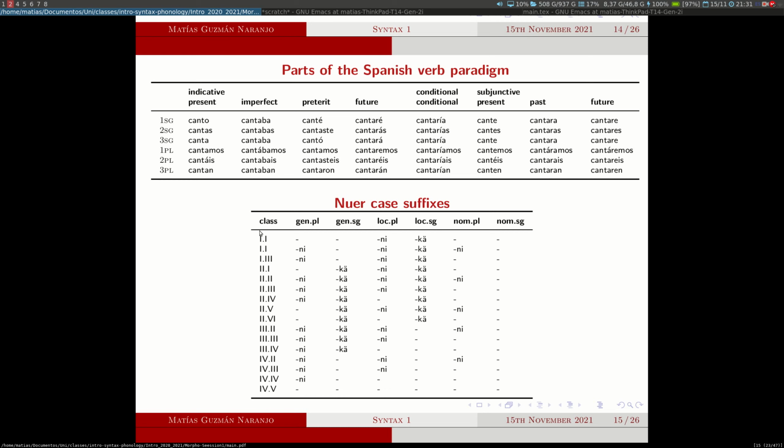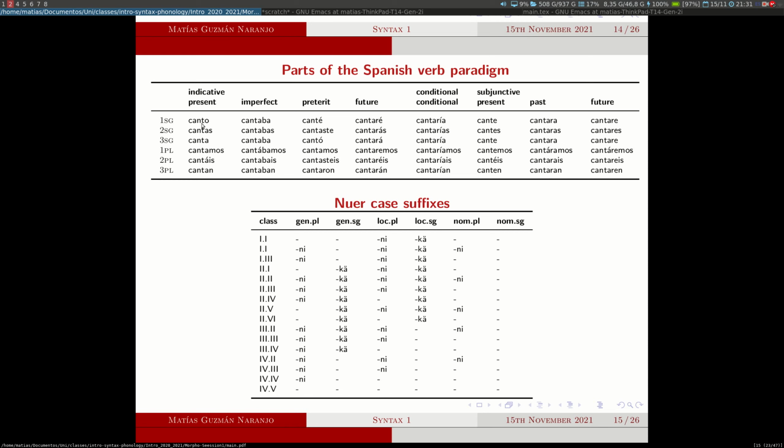So it's 1, 2, 3, 4, 5, 6, 7, 8, 9, 10, 11, 12, 13, 14, 15, 16 classes. And a class is a set of markers. So different nouns will take different markers and they belong to different classes. These are inflection classes. These are the possible morphemes for each inflection class.